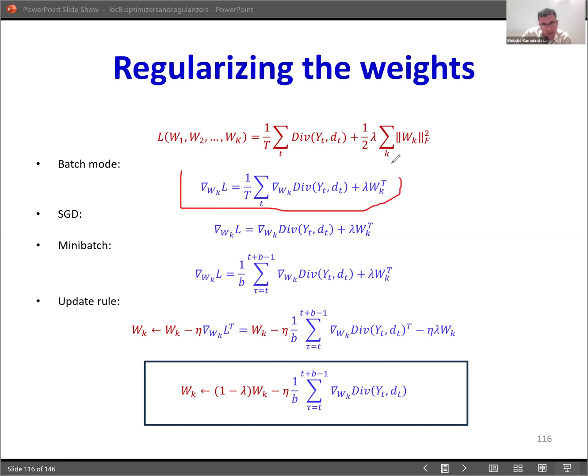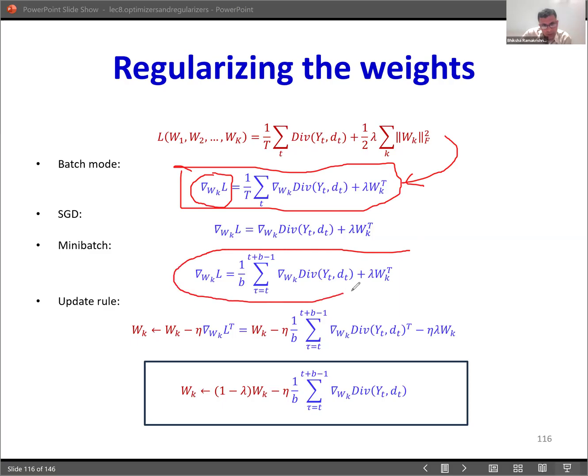This is just straightforward calculus, which came from here. This making sense? And so this is the term that you're going to plug in to your gradient descent. This is the average over the mini batch, right? So instead of T, this is the mini batch size.